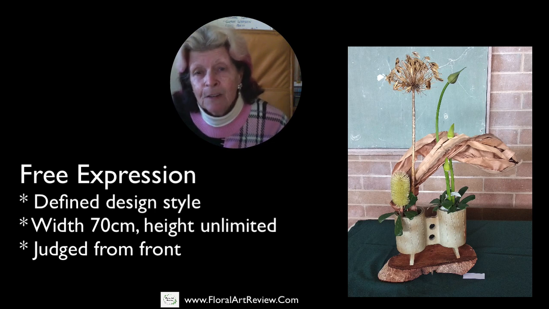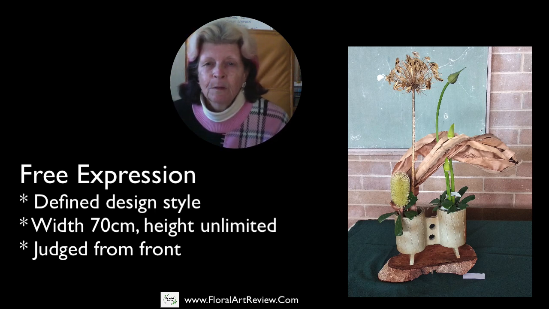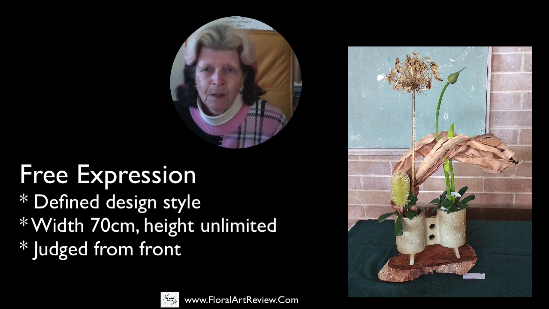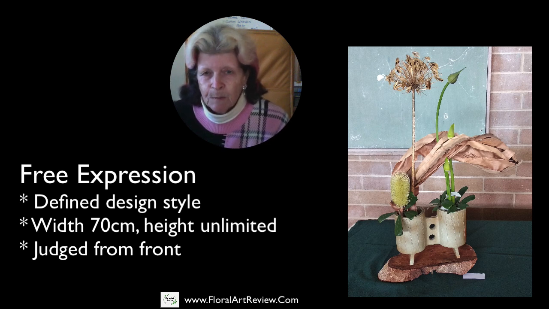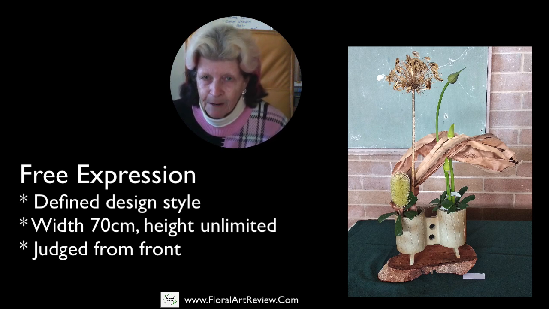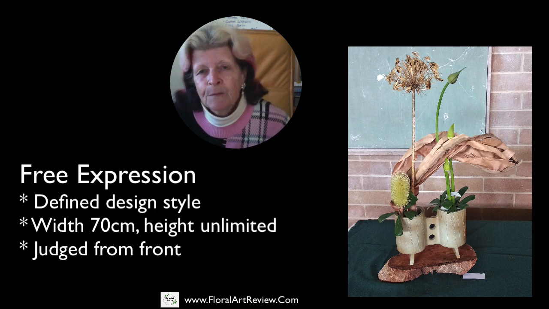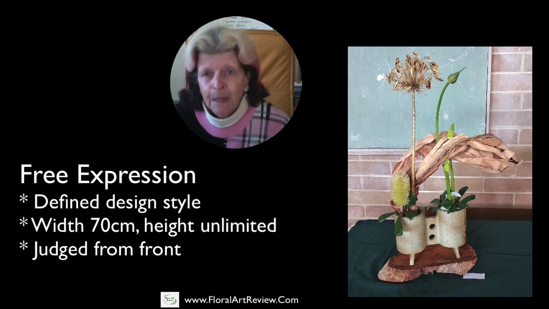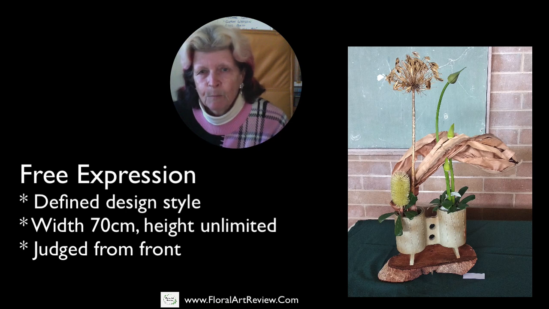So into each side of the container, on one side I've based it with Banksia leaves, both sides, to give it some continuity. I've got a Banksia flower on one side, the fresh one, and I've got three buds from the agapanthus on the right hand side, and they're stepped up, and using one that's got a little bit of a curve in the stem just to give it some movement.